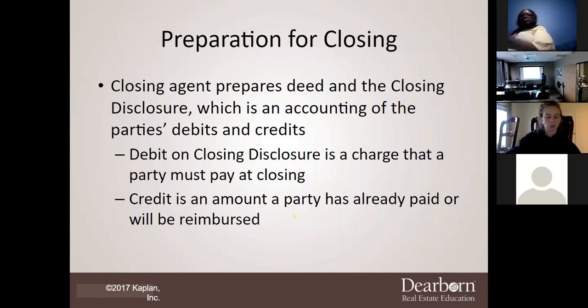So a debit on a closing disclosure is a charge that the party must pay. A credit is an amount a party has already paid. So what about option money? Debit or credit? Credit. Because the buyer has already paid the option money.